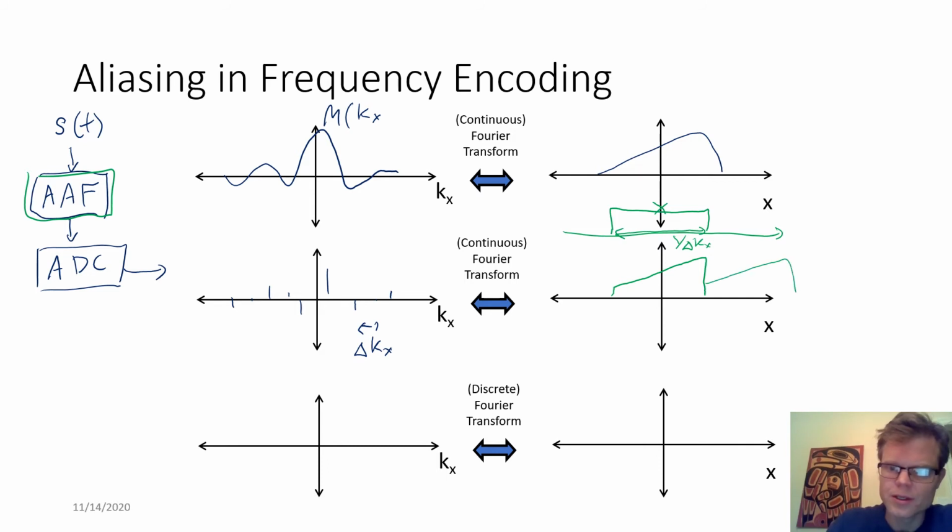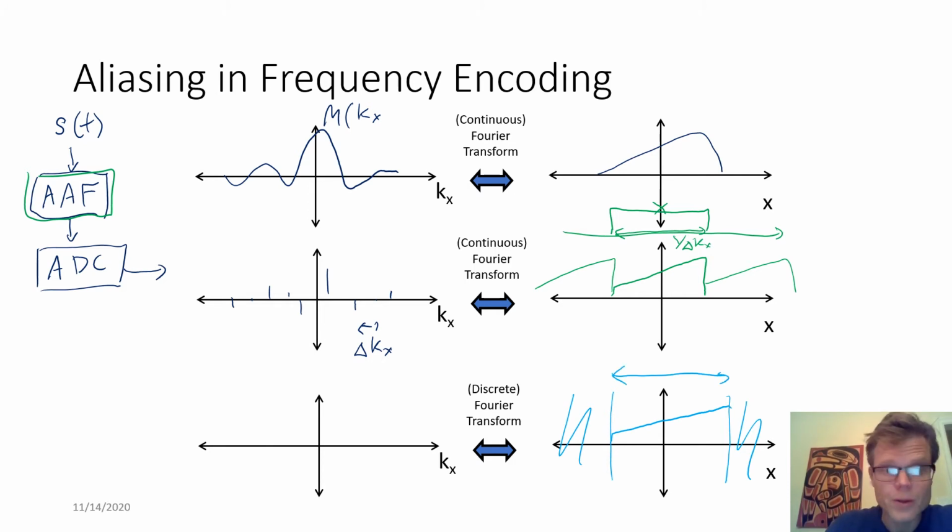And so when we look at the continuous transform and we have these repetitions, or when you go to the discrete case, we're going to get an image in the frequency encoding direction that is aliasing free, regardless of whether our field of view is smaller than the size of our subject in this dimension.